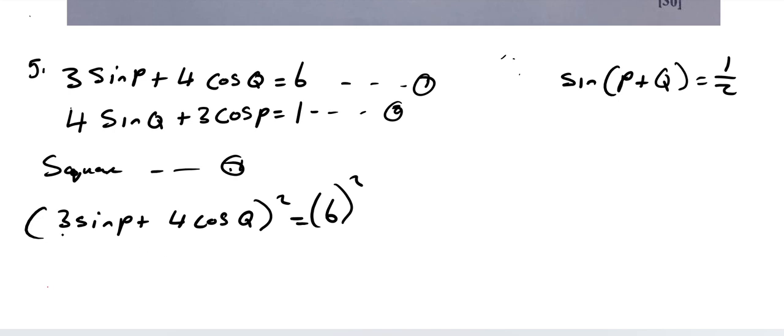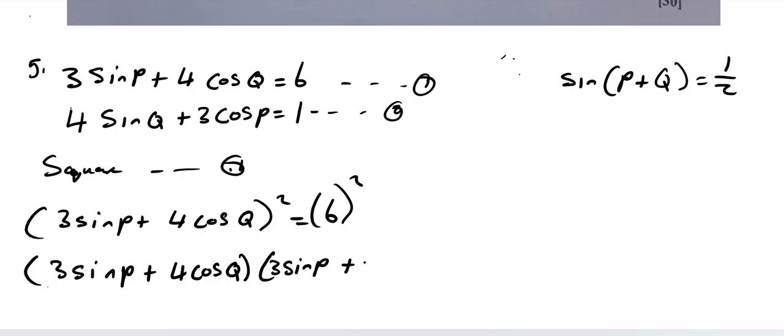So let's expand it: 3 sine p plus 4 cos q, times 3 sine p plus 4 cos q.